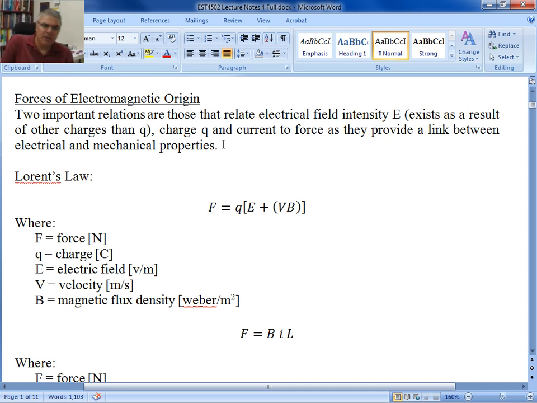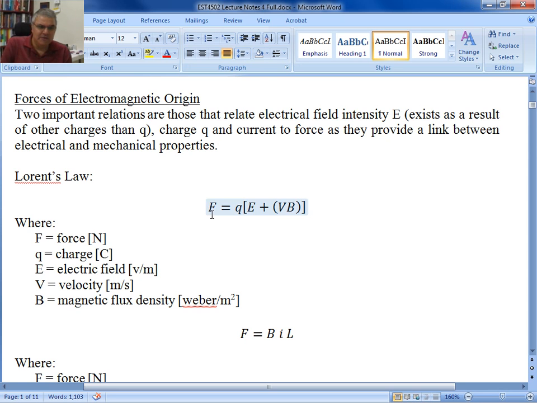It is described as force in Newtons equal to a charge multiplied by the summation of the electric field plus the velocity of the particle times the magnetic flux intensity. Note here that E is a separate term, so the intensity E exists as a result of other charges than Q.